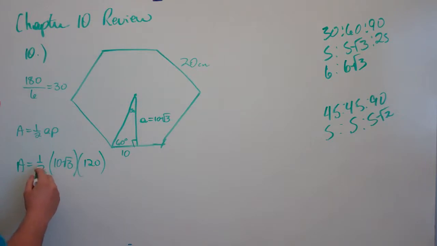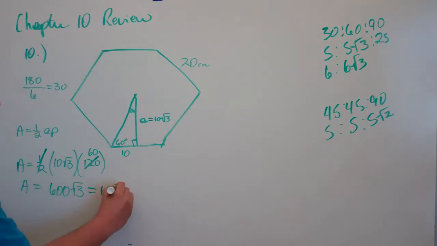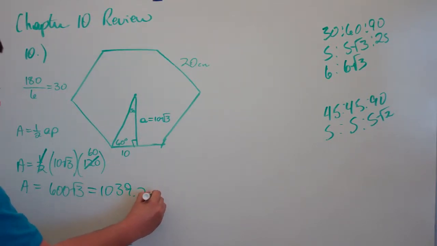If you want, you can halve any of them. Let's make that 60. So this is going to be 600 times the square root of 3. They wanted your answer rounded to the nearest tenth, so you multiply 600 by the square root of 3 in your calculator, and you should get 1,039.2 centimeters squared.